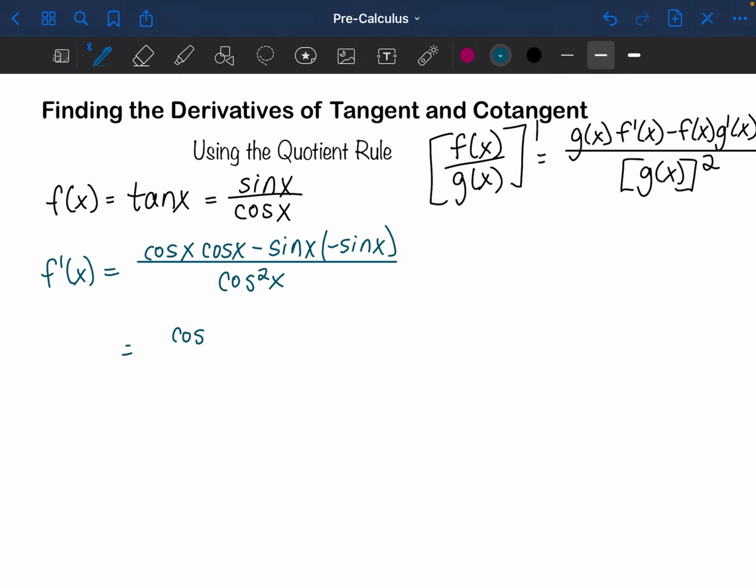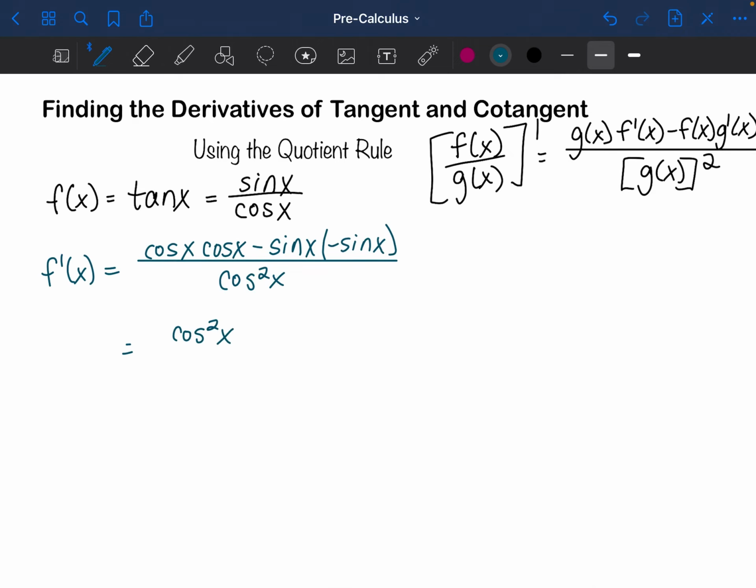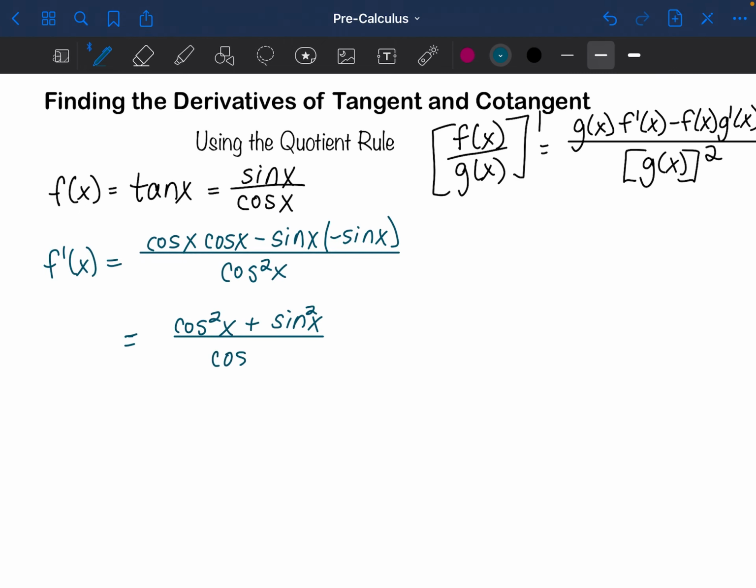Simplifying this, we got cosine squared, negative times a negative is a positive, sine squared, oh my gosh, it's the Pythagorean identity. I like to call it the mop squeezer. All over cosine squared.